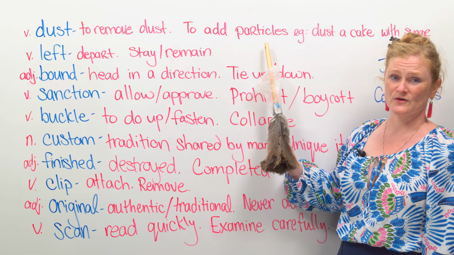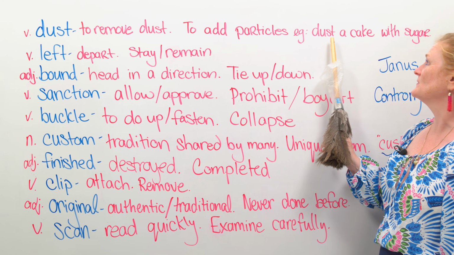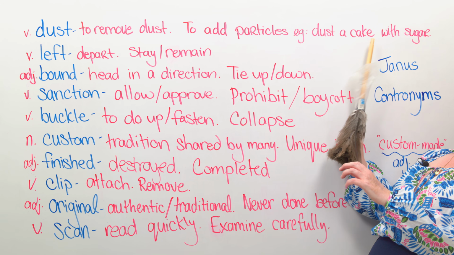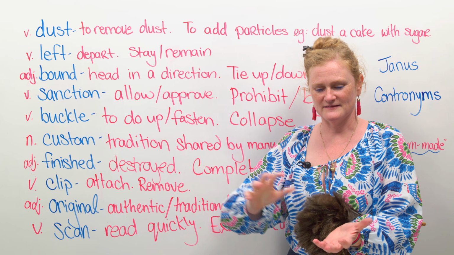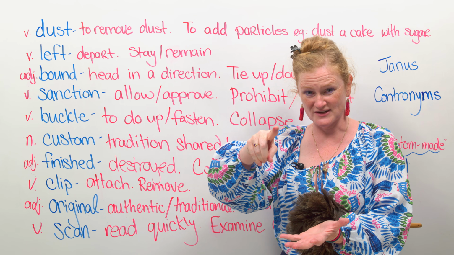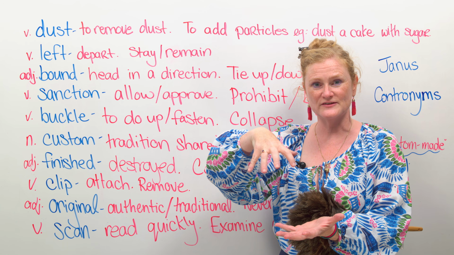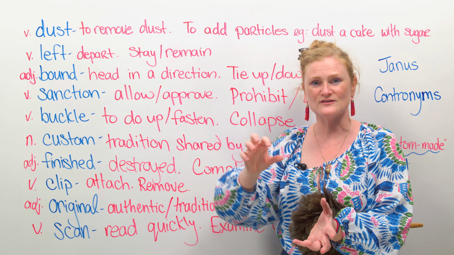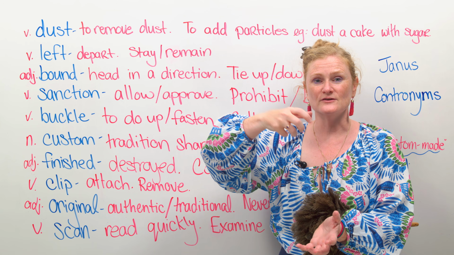To add particles. Example, people can dust a cake with sugar. You might have a beautiful chocolate cake that you've made and you want to put a nice design on it. You can dust it with some icing sugar and it looks like snowflakes. It's really cool. And there's the crop duster.